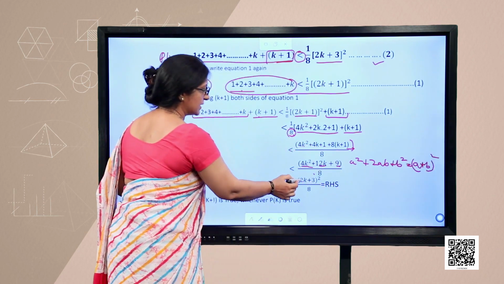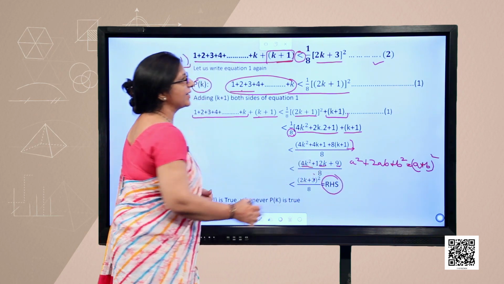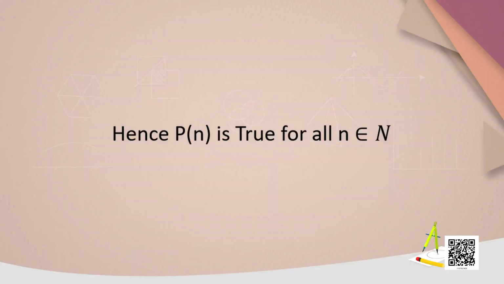So, this gives us 2k plus 3 whole square, which is equal to the right hand side, what we wanted to prove. Hence, Pn is true for all n belonging to N.